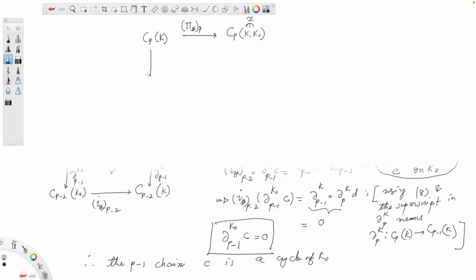And there is this boundary map, ∂_p superscript K, that takes C_p of K to C_{p-1} of K. And then again, there is this inclusion map we just studied, i# at p, that includes C_{p-1} of K0 into C_{p-1} of K. And c belongs to this group, the group of p-1 chains on K0.